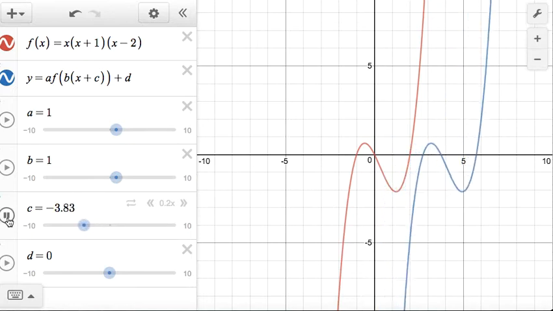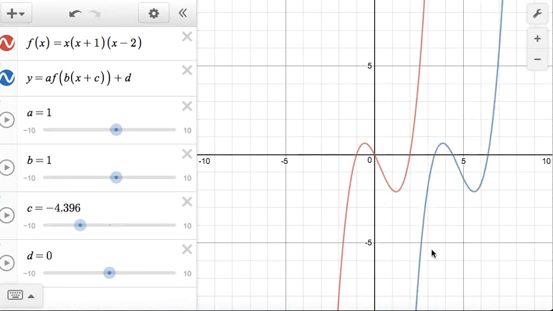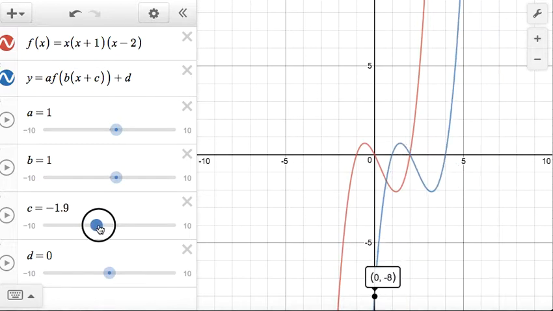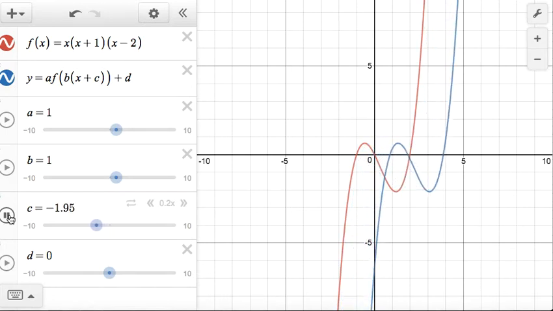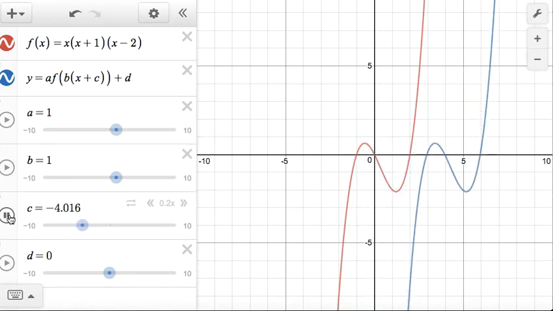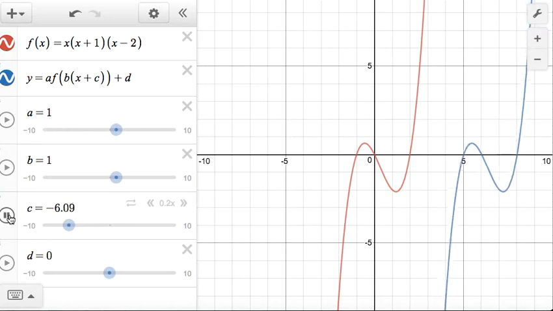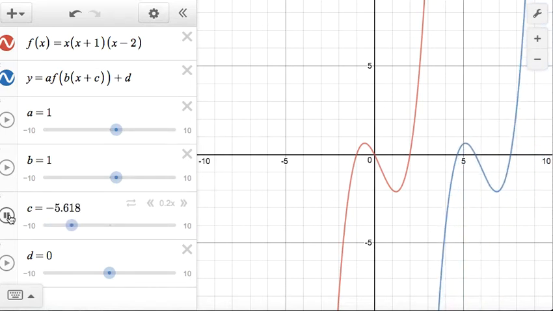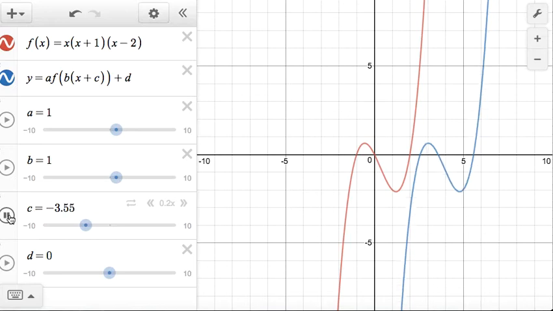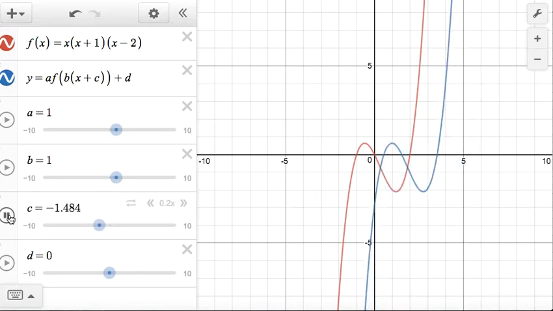Let me pause that to get rid of the intercept real quick. So it's moving side to side, but we see that as c is going negative, the function's actually moving to the right instead of the left, as you would normally expect with it going negative. And now it's starting to move toward the positive direction, so it's moving back to the left.